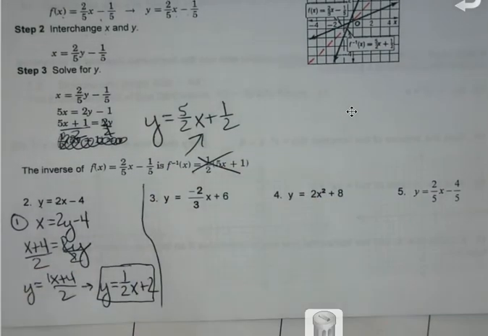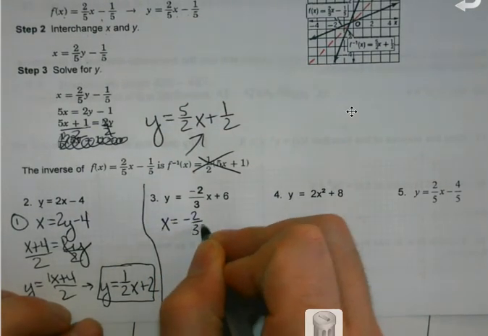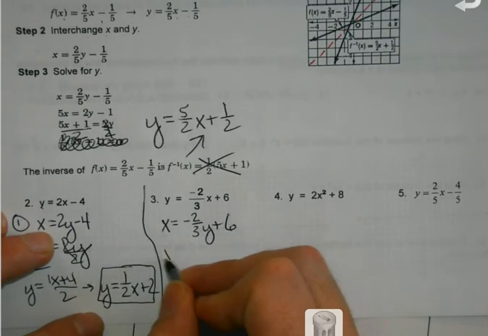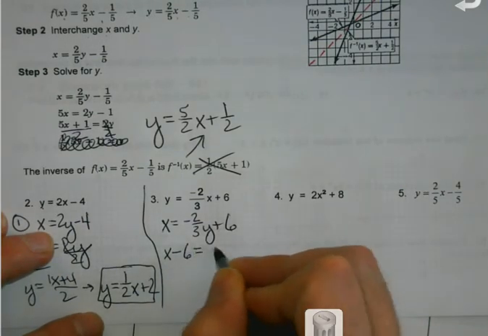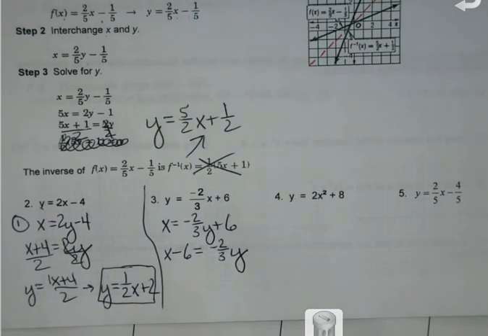So whenever I'm doing these, it's the same thing. Flip-flop the x and the y, and then get y alone. Now sometimes that's easier than others. So for instance here, I'd minus my 6 over. And again, it's a personal choice, but if we can do it in one step, that's great.